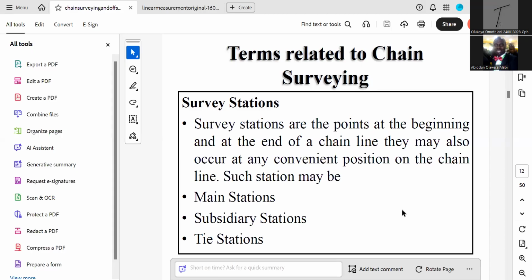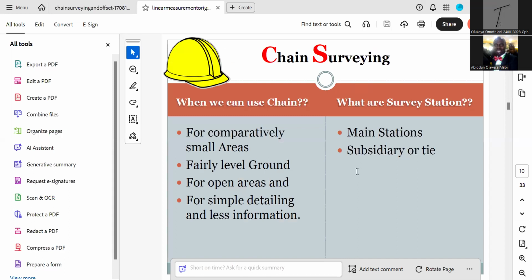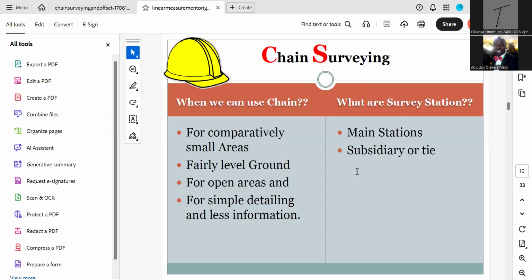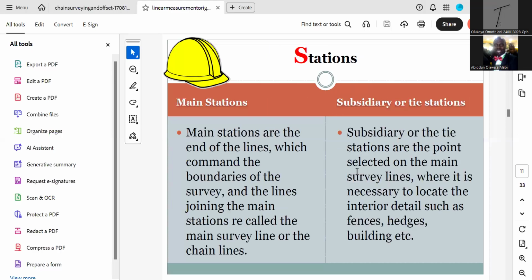I think that one will give a better definition. Some terminologies now. Main stations are the ends of the lines which command the boundaries of the survey, and the lines joining the main stations are called the main survey lines or the chain lines.